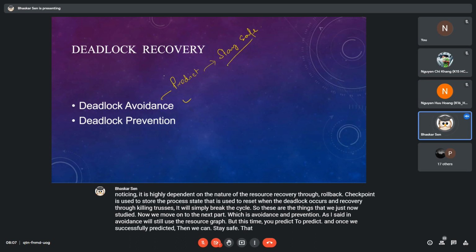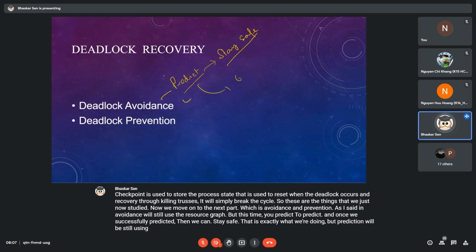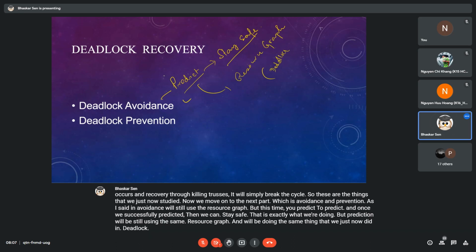That is exactly what we are doing. For prediction, we'll still be using the same resource graph, and we'll be doing the same thing that we just now did in deadlock detection.